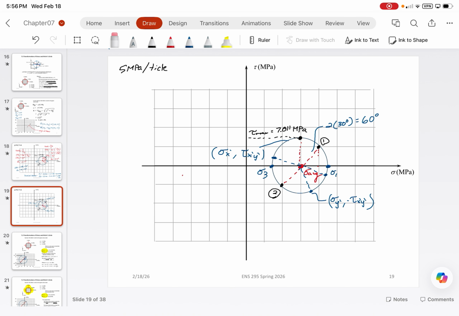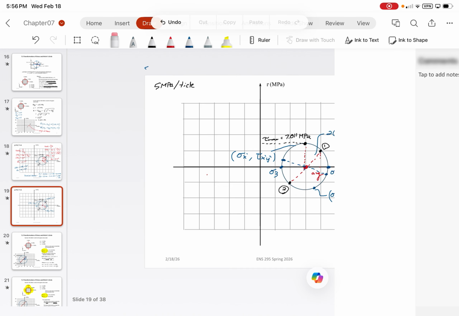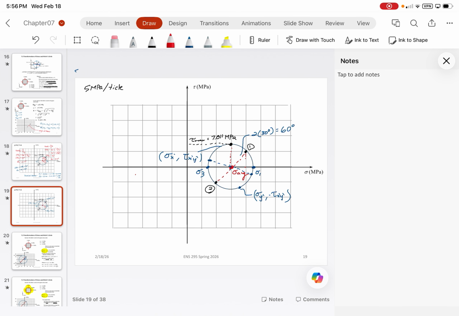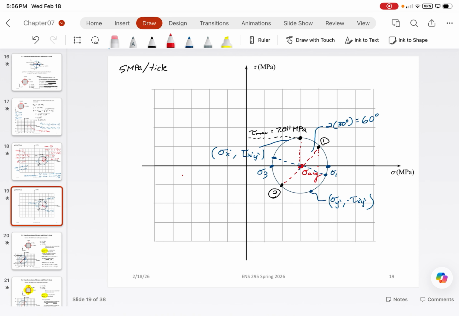So let me just erase this. I'm trying to be consistent. There we go, and that's what our transformed stress state would basically look like.